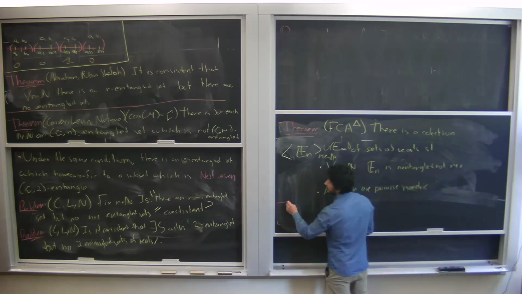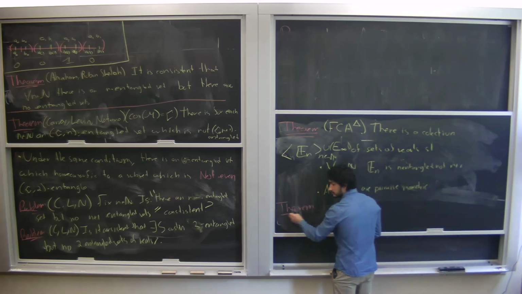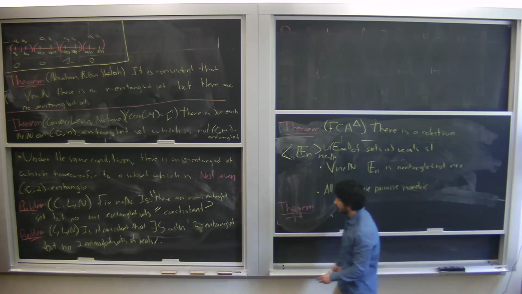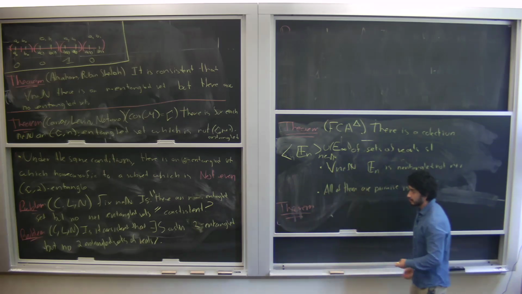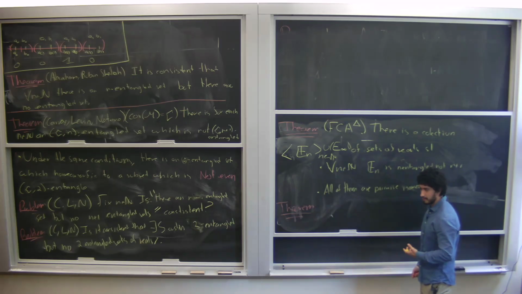The next theorem is, well, a solution to that problem. In order to formalize this solution, we need to talk a little bit about something which Emily talked about last year. Emily spoke about the parameterized versions of PFA.